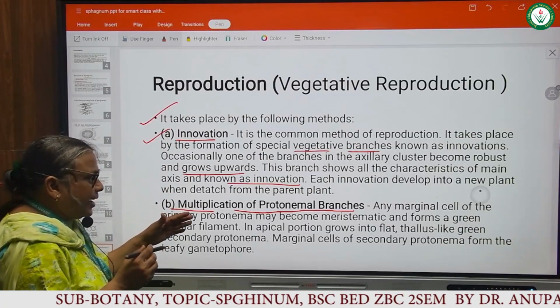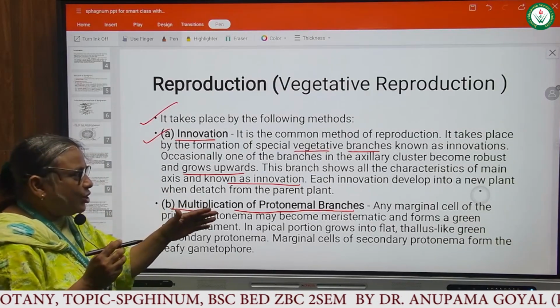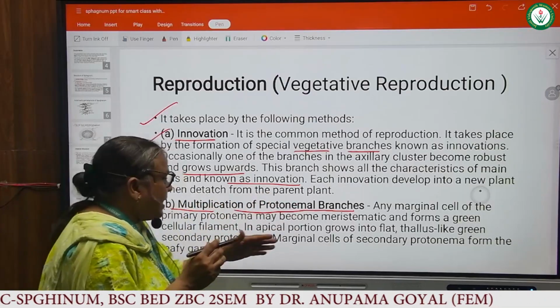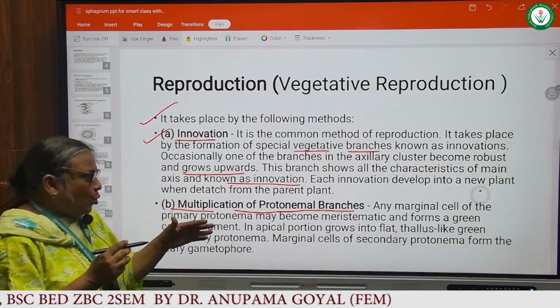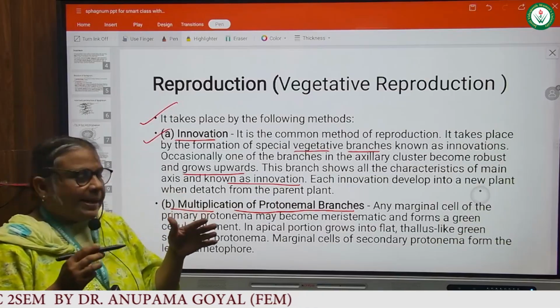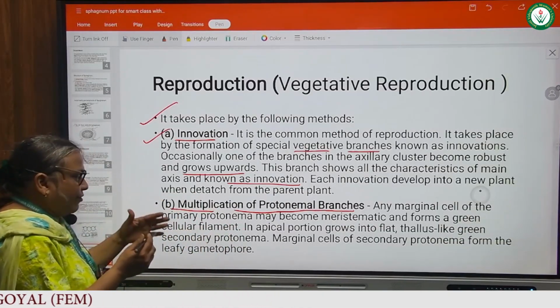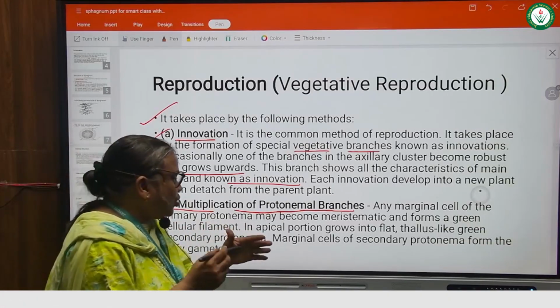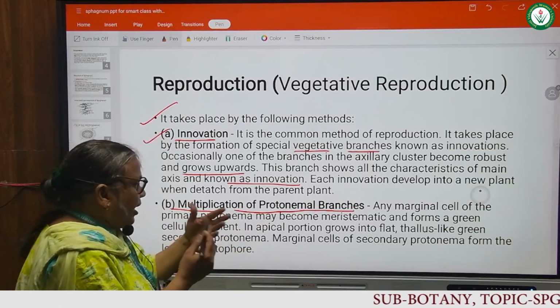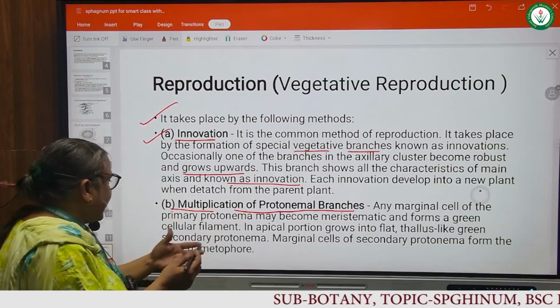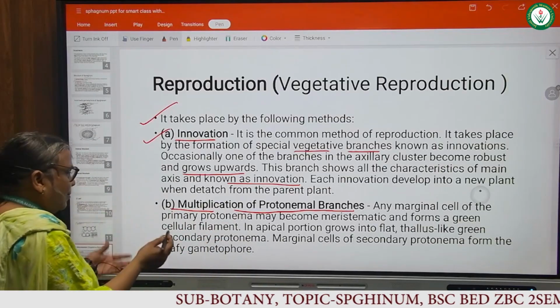Now, the multiplication of protonemal branches. Any marginal cell of the primary protonema may become meristematic and forms a green cellular filament in the apical portion, which grows into a flat thallus-like green secondary protonema.